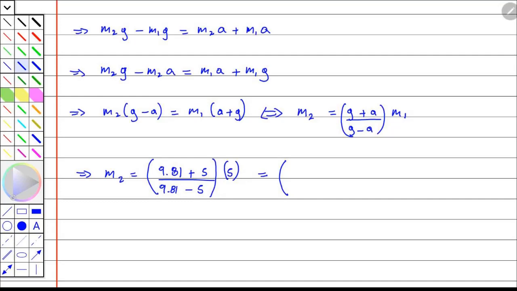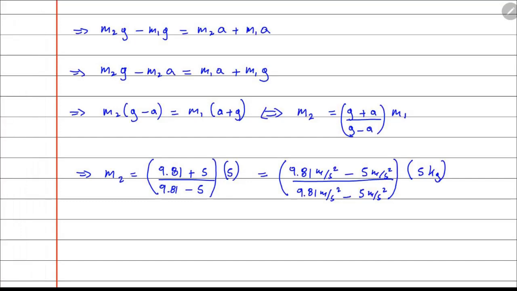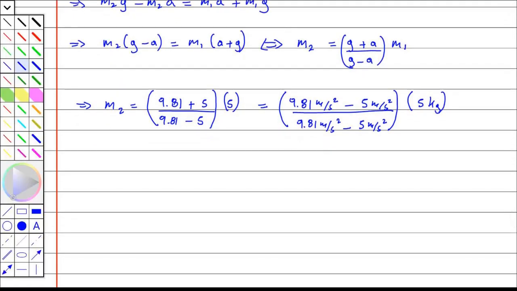So in this case, 9.81 meters per second squared plus 5 meters per second squared divided by 9.81 meters per second squared minus 5 meters per second squared times 5 kilograms. Okay, I'm not too strict about this. This is only for pupils' practice so that they can confirm that only quantities with the same units can be added. So let's do the calculations.